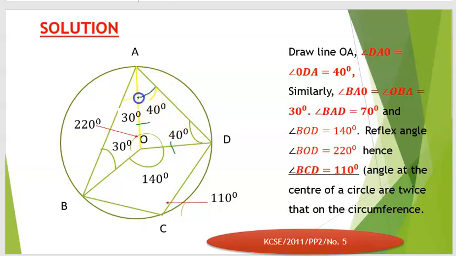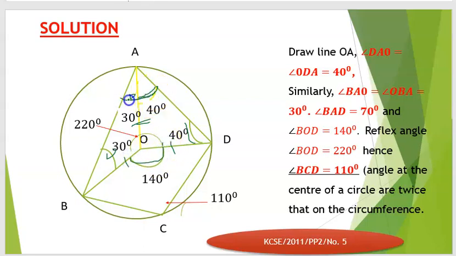Why 40 here and 40 here? Because they are base angles of an isosceles triangle. Similarly, this one and this one are radii, and therefore this is 30 degrees and also this is 30 degrees, which tells you that this angle is 70 degrees.